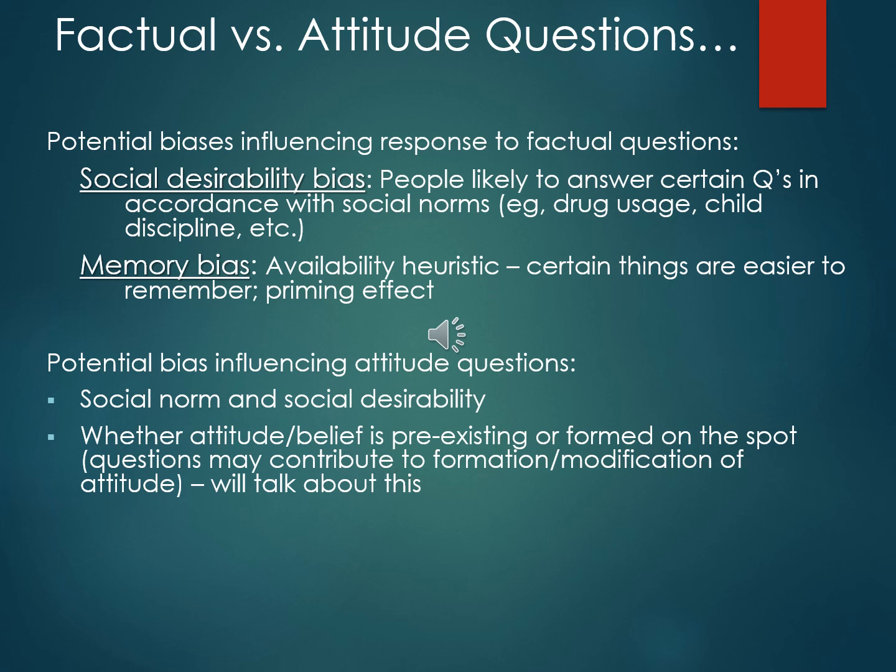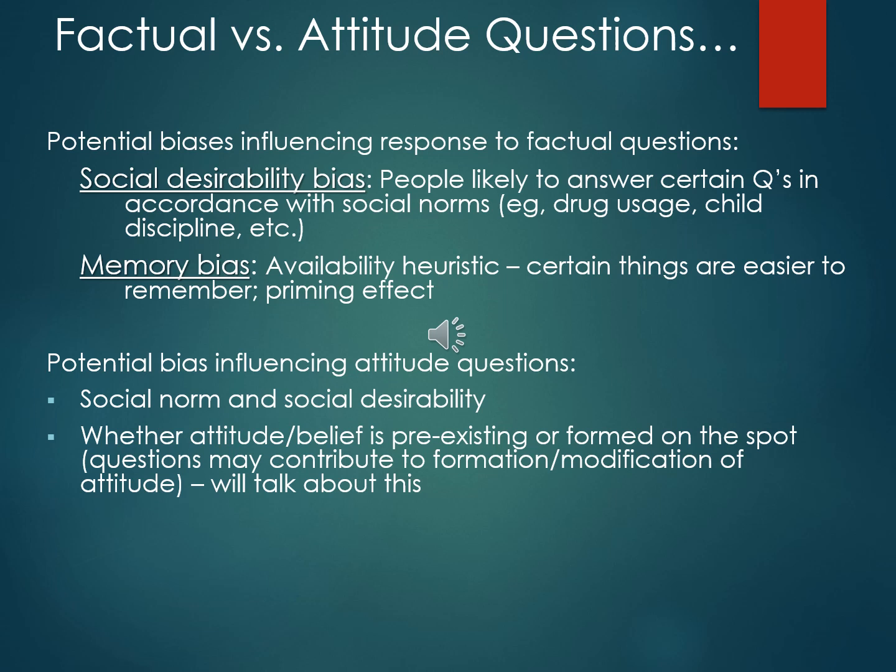The potential biases influencing the response to a factual question would be social desirability bias, where people are likely to answer certain questions in accordance with social norms, such as how many hours do you watch TV, what kind of discipline do you use for child education, drug usage, how many cigarettes do you smoke, and so on.